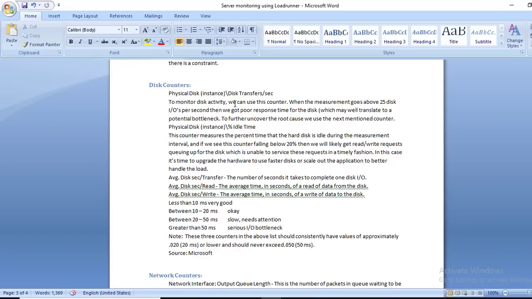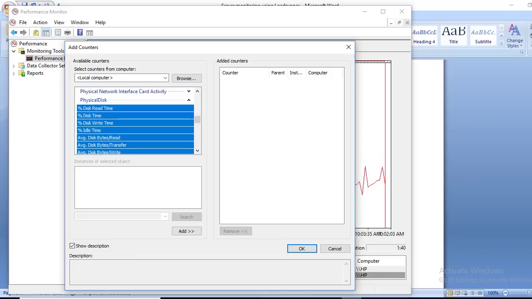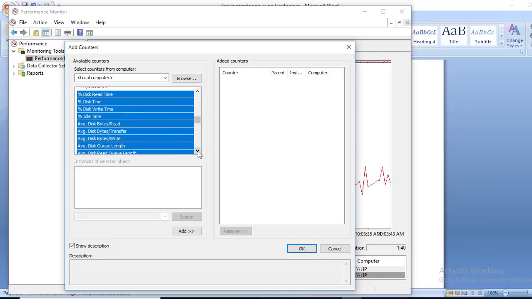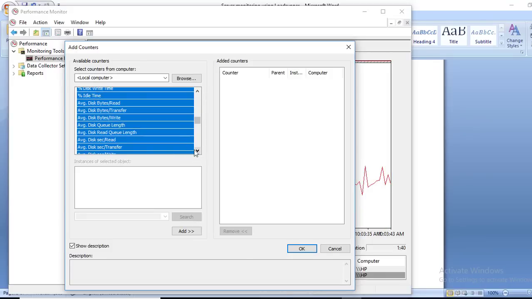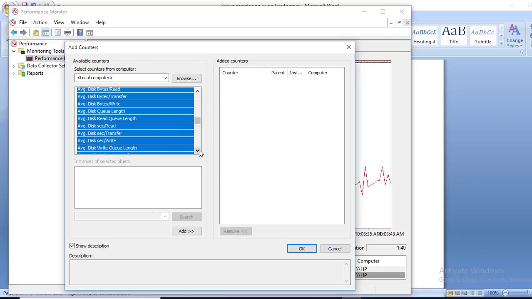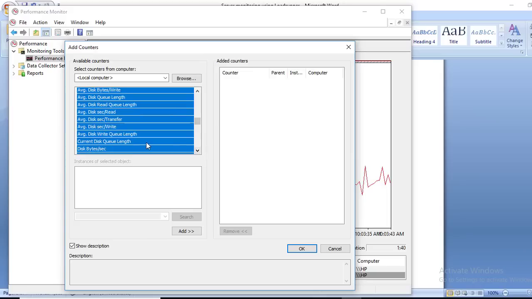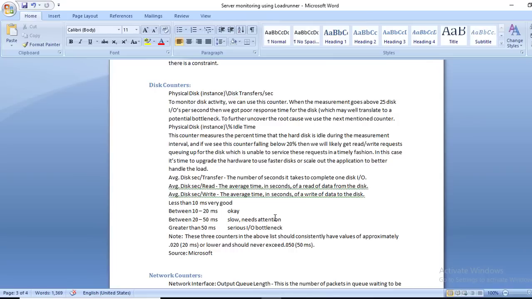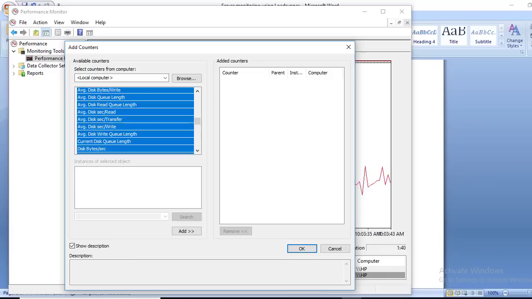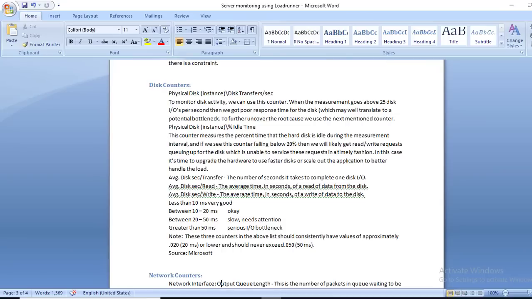Physical disk instance, disk transfers per second, disk reads per second, disk transfers per second. Disk write queue length, current disk queue length. These are all the counters which we need to monitor. Average disk seconds per transfer, you saw it here. These are the counters we need to see.